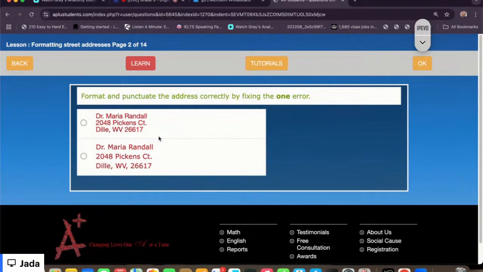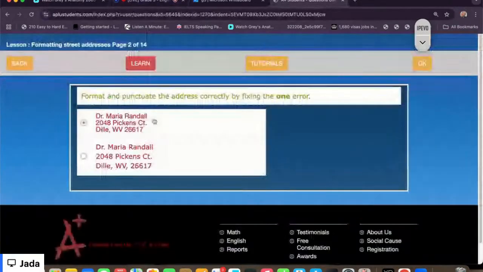So this is also the first because there's a comma after the WV and you shouldn't have a comma here. So this is wrong, but this is the correct one.